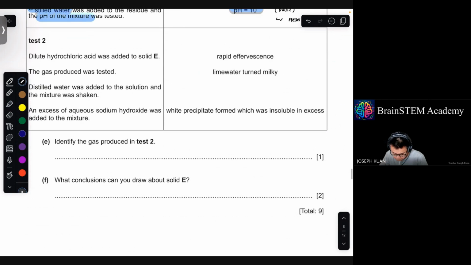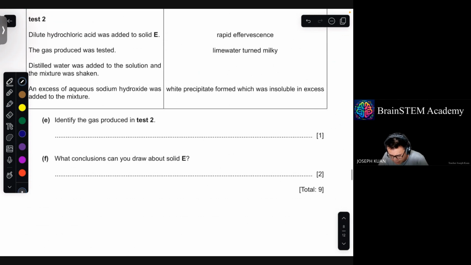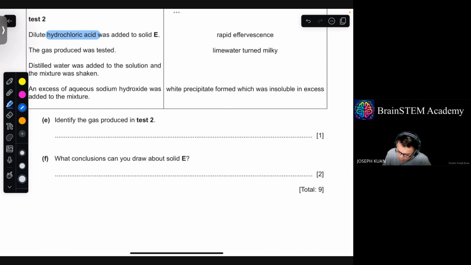Moving on to test 2. Dilute hydrochloric acid was added to solid E. The gas produced was tested. Distilled water was added to the solution and the mixture was shaken. And an excess of aqueous sodium hydroxide was added to the mixture. Let's look at the first part first. Adding an acid produces effervescence, and lime water turns milky.